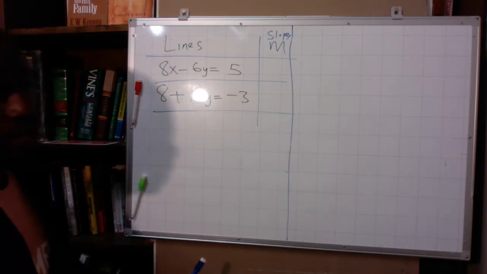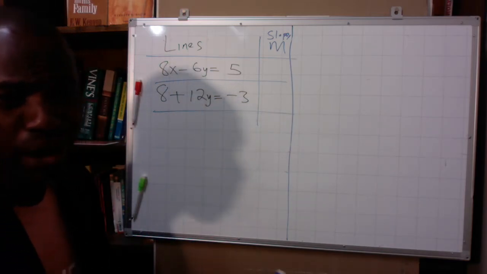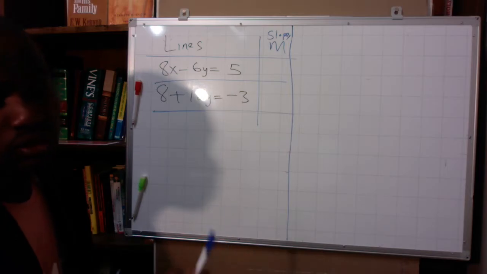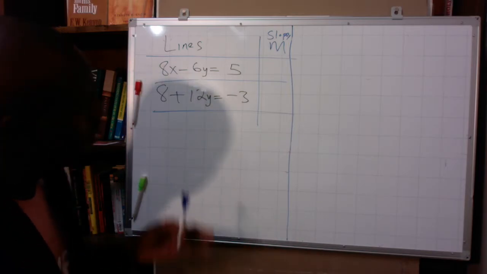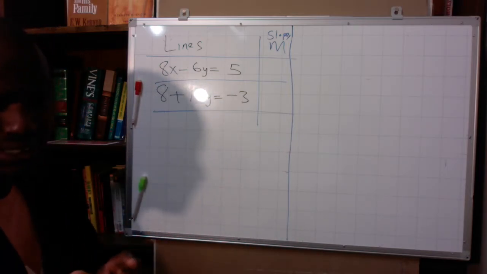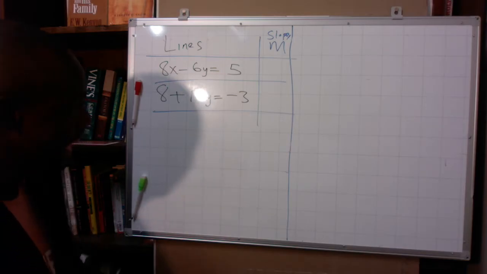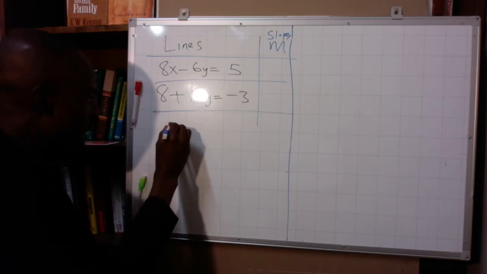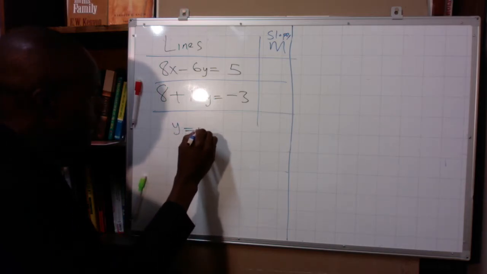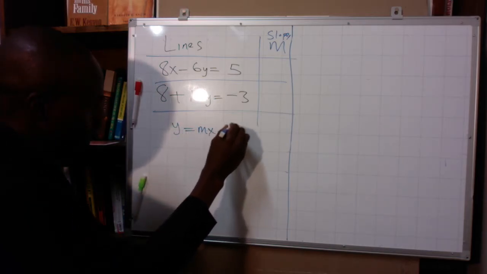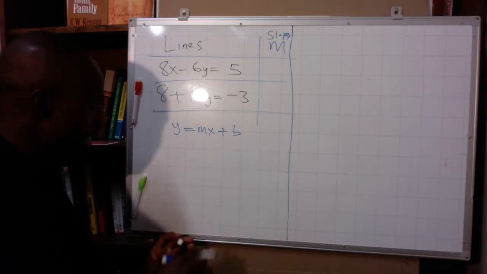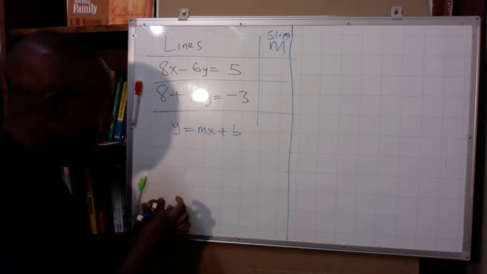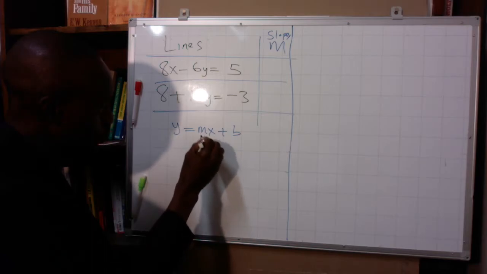Well, and then we're going to decide if the lines are parallel or perpendicular or neither. We're going to talk about that. But before that, let's just talk about the slope. Remember we said in the first question that if you can write an equation in the form y equal to mx plus b, then you know right away that the coefficient of x is the slope.